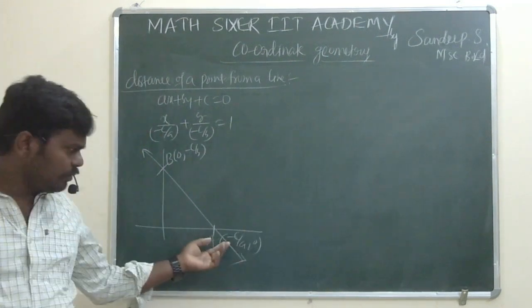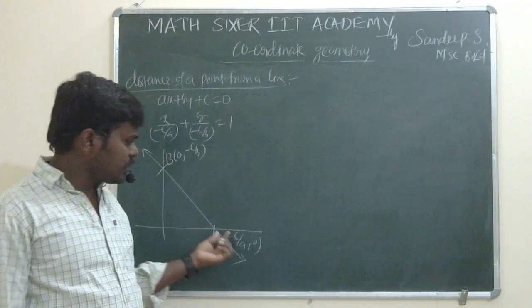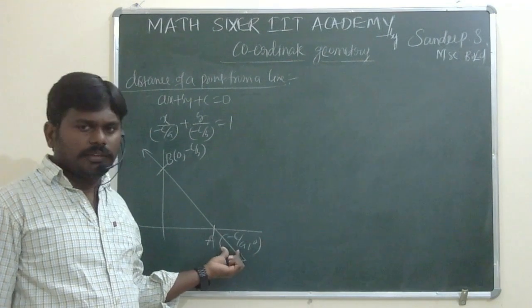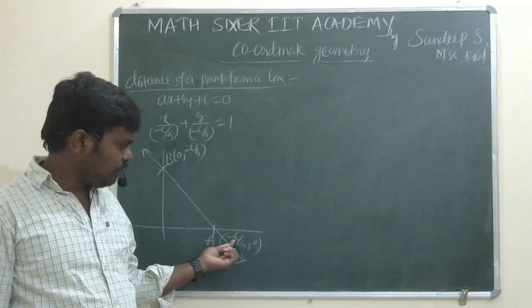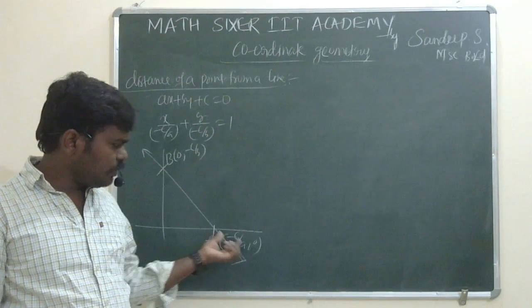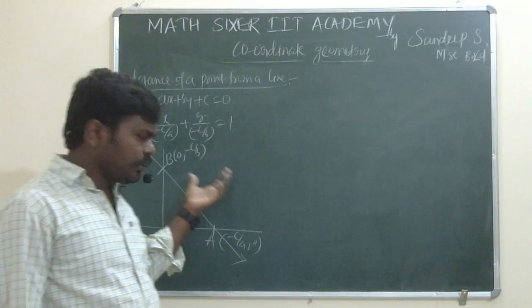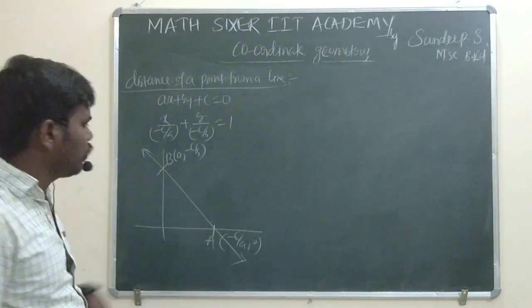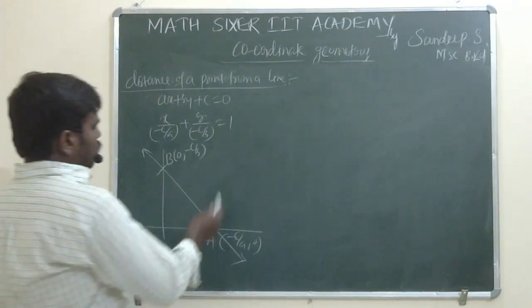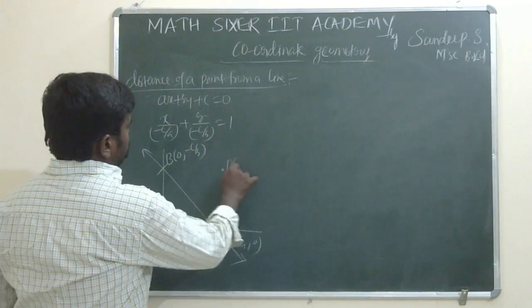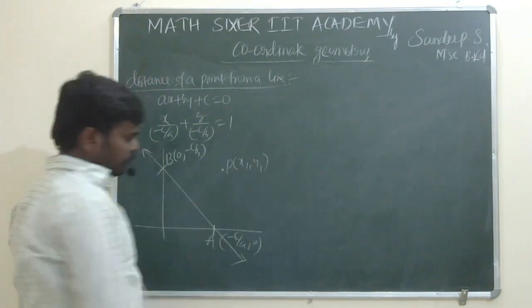Here no need to get confused about minus c by a; it is indicating a negative value. So if c is negative, then this becomes positive. So whatever coordinates we are taking, there is no problem at all. Okay, so now we are taking a point P, suppose x1 comma y1.